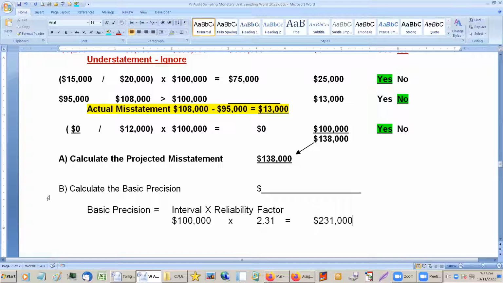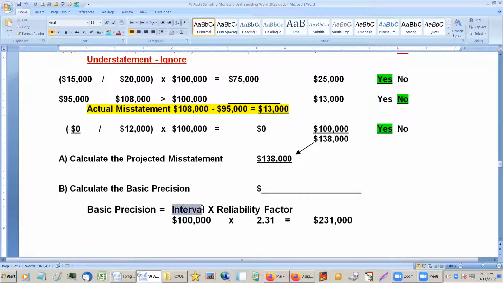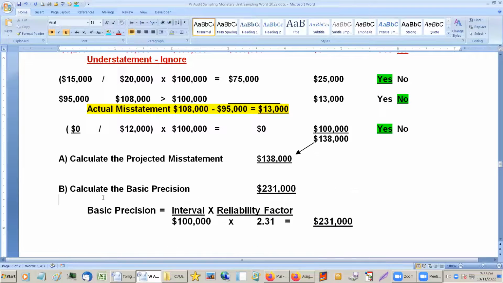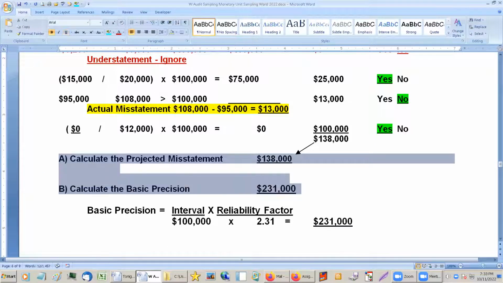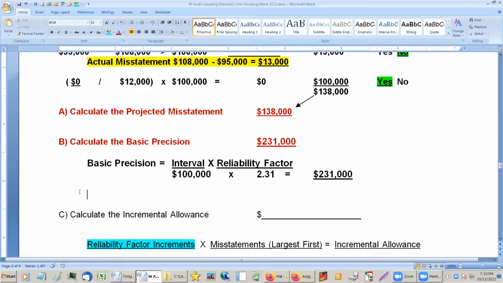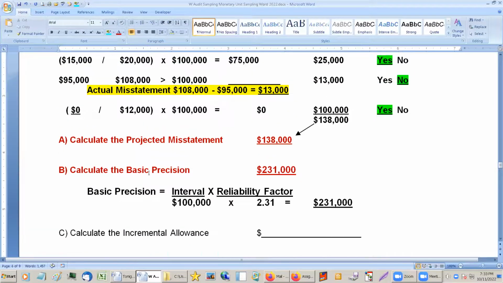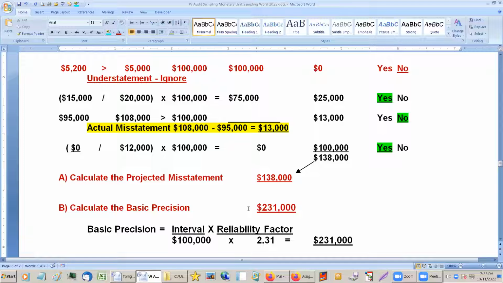And the basic precision is, if you didn't find any problems, it's still a sample and there still could be things that are wrong.